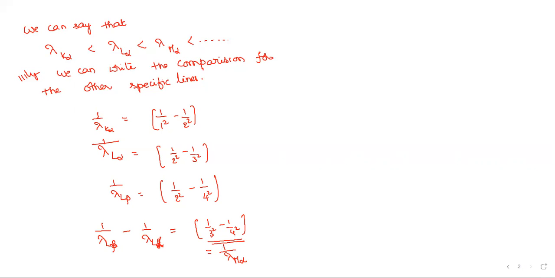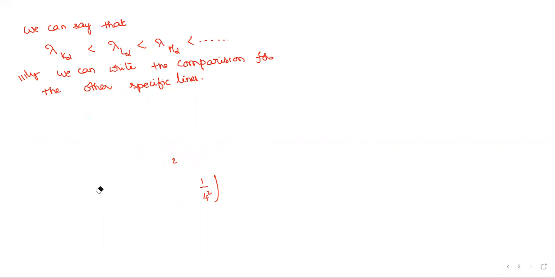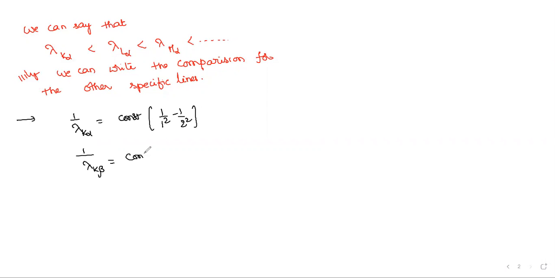In the same way, in exam he asked: K alpha, K beta given, how to interrelate with the L series. So here, suppose 1 by lambda of K alpha is constant into 1 by 1 square minus 1 by 2 square, and 1 by lambda of K beta is nothing but constant into 1 by 1 square minus 1 by 3 square.